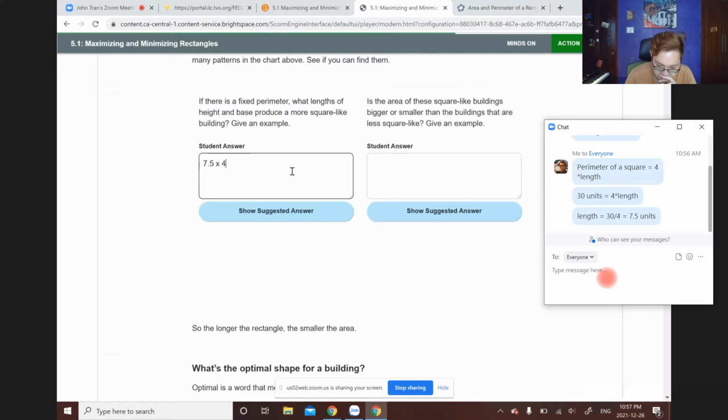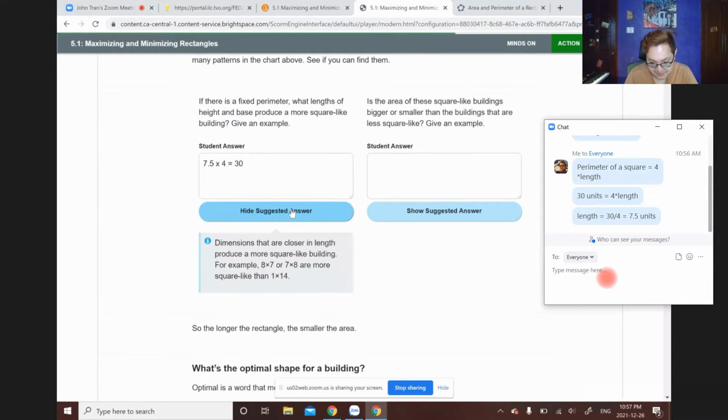So that's an example. Dimensions that are closer in length produce a more square-like building. For example, 8 times 7 is more square-like than 1 times 14.